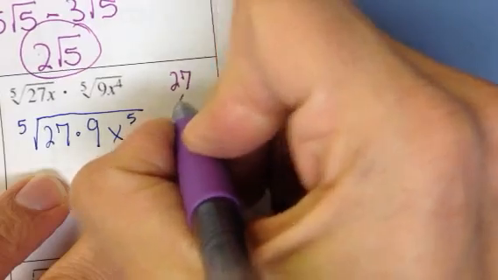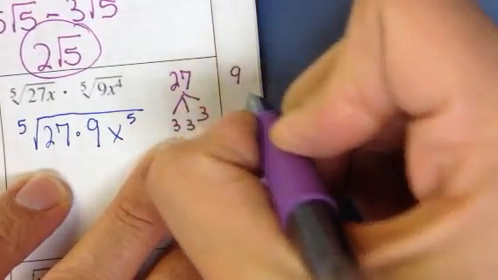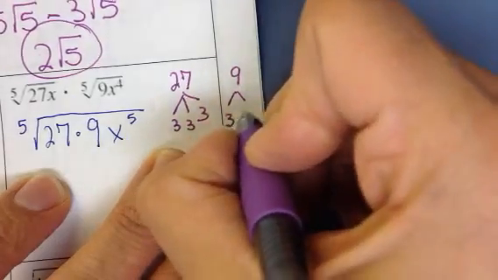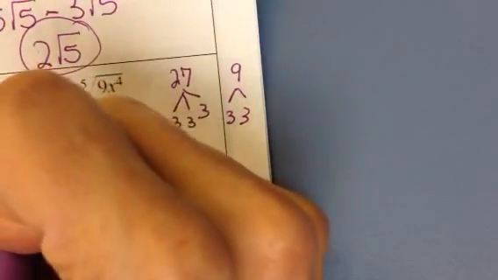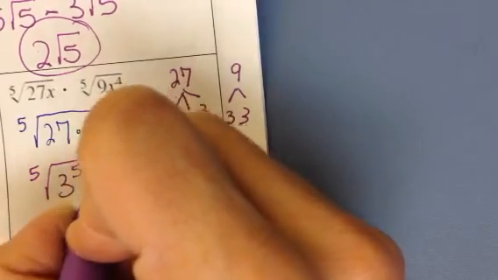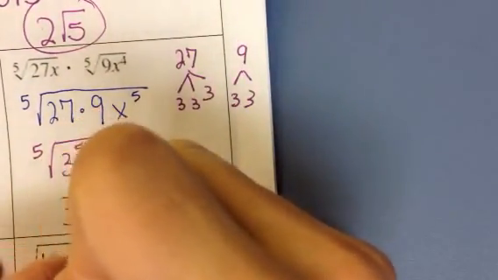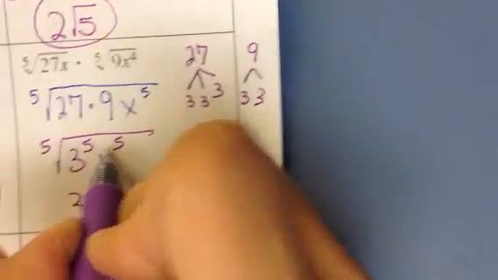And a factor tree of 27, as it turns out, turns into 3 3s. And a factor tree of 9 turns into 2 3s. So when I'm done, I can rewrite this as a total of 5 3s and 5 x's. And as it turns out, they're both perfect. And they can both come out, and their exponent, 5 goes into 5.